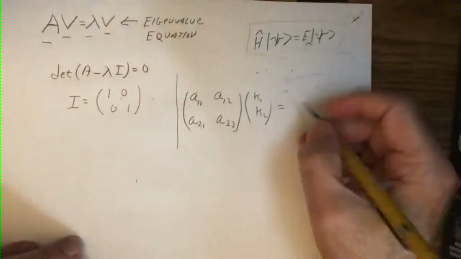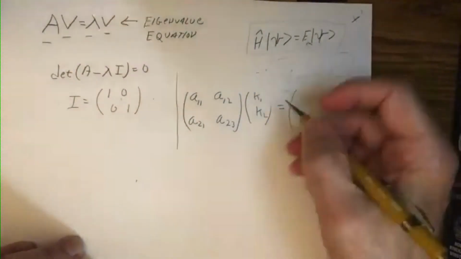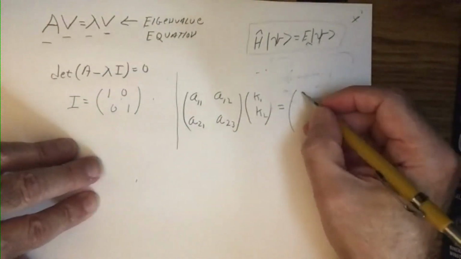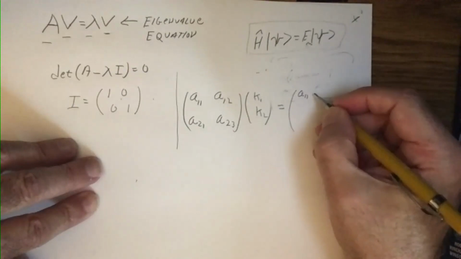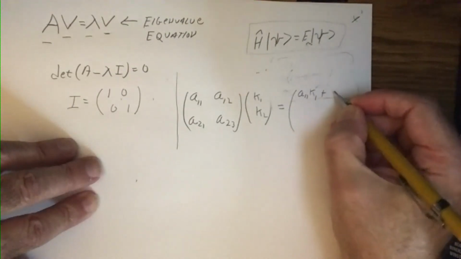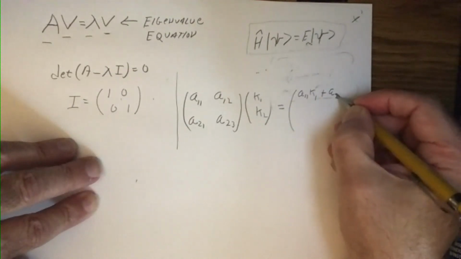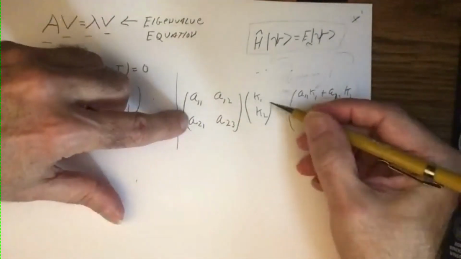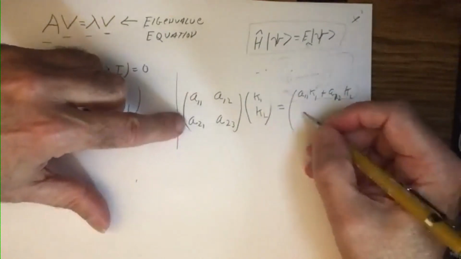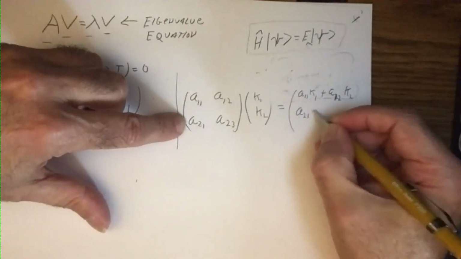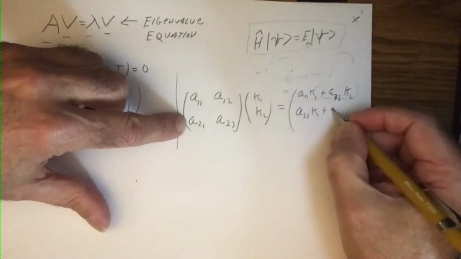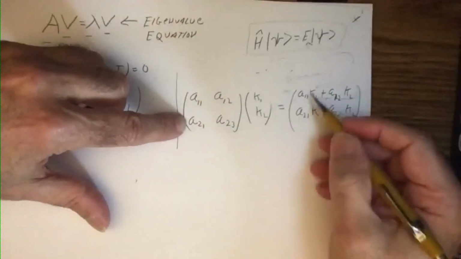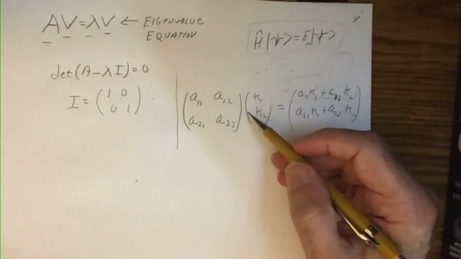Well, just as a review, maybe you've seen this in high school. It's this times this and this times this gives me this element. So this element here is A1,1 K1 plus A1,2 K2. And then this here is going to be this times this and this times this, so A2,1 K1 plus A2,2 K2.